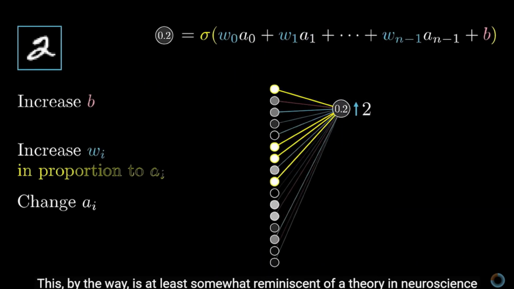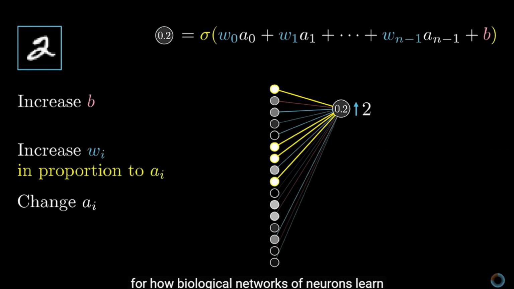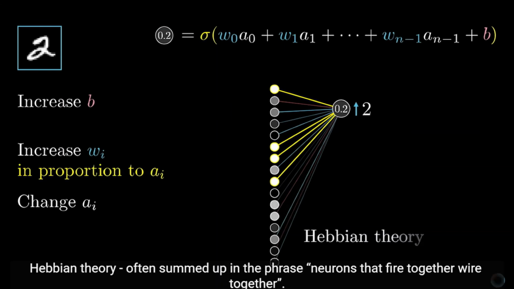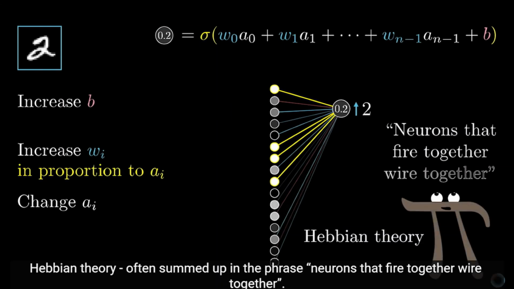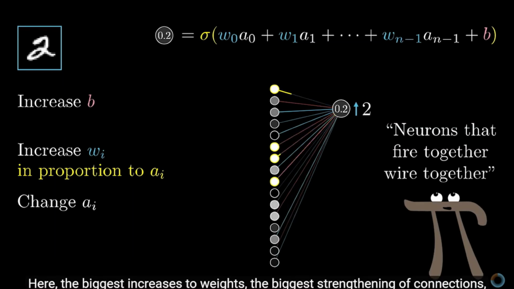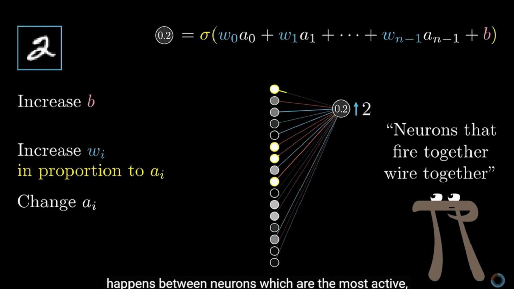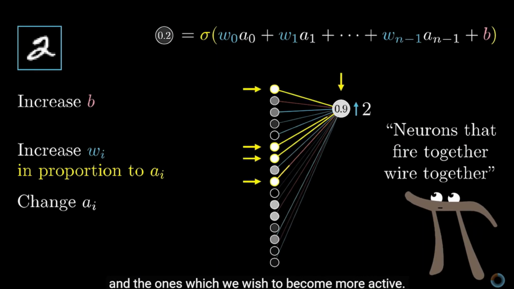This, by the way, is at least somewhat reminiscent of a theory in neuroscience for how biological networks of neurons learn, Hebbian Theory, often summed up in the phrase, neurons that fire together wire together. Here, the biggest increases to weights, the biggest strengthening of connections, happens between neurons which are the most active and the ones which we wish to become more active.